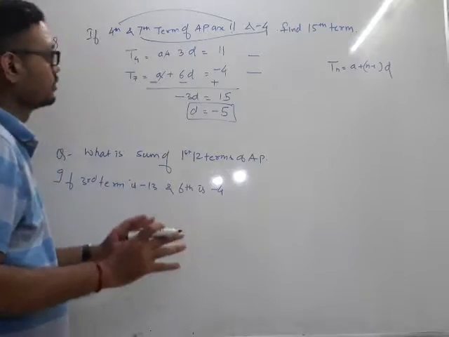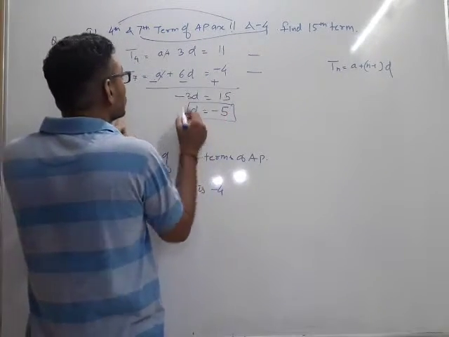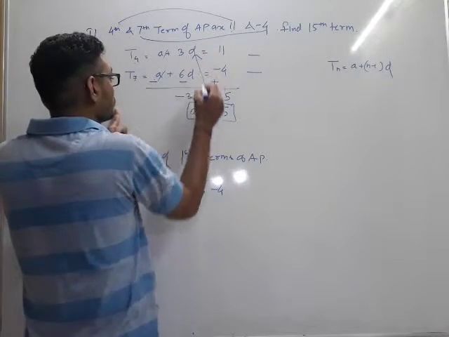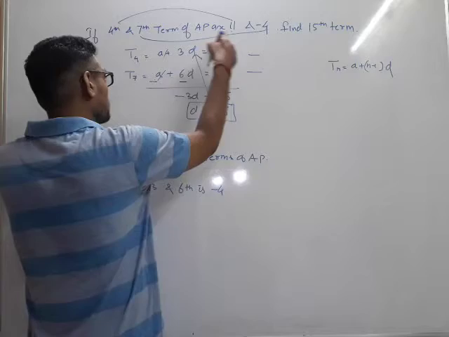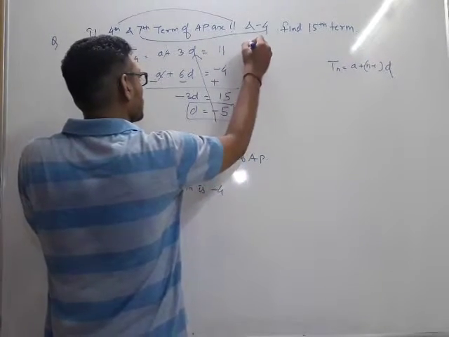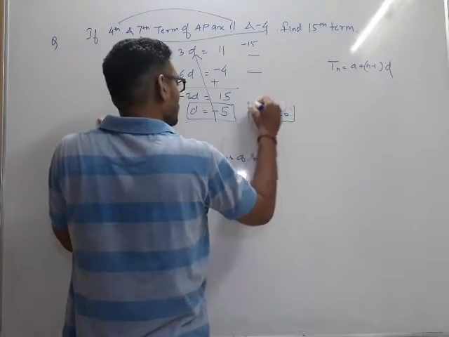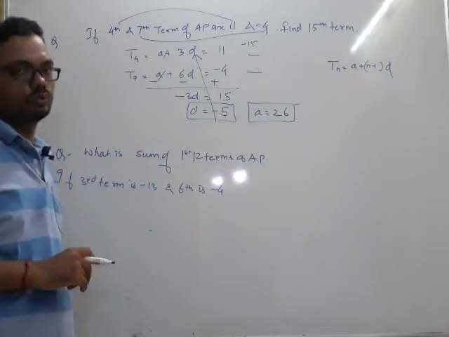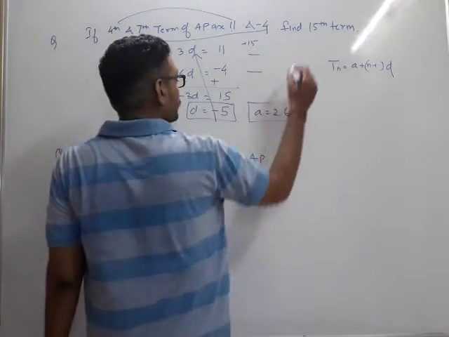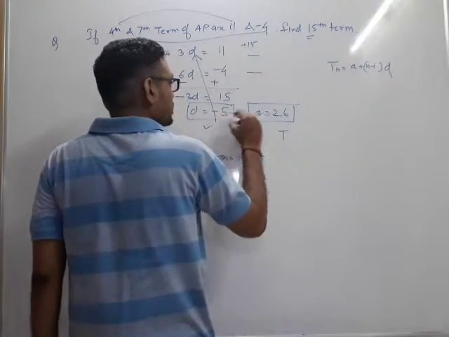This is step 1. Step 2, put this value here and find a. We are putting this over here, so this becomes minus 15 here plus 15, so a becomes 26. This is step 2. Now last step, find the 15th term. Any term I can find if I have got a and d.